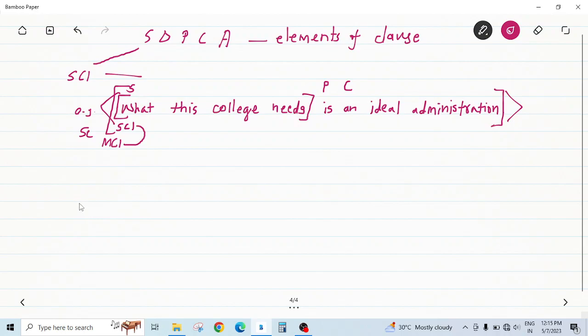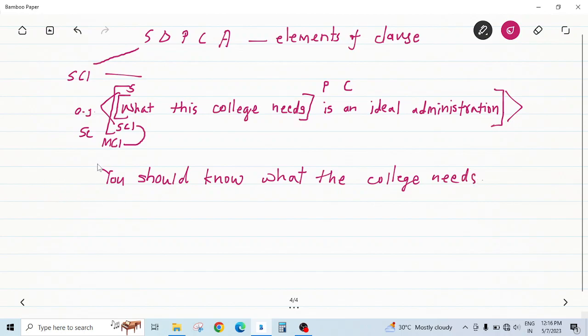Now let's take another example. You should know what the college needs.